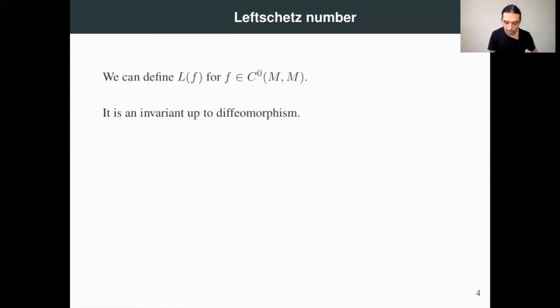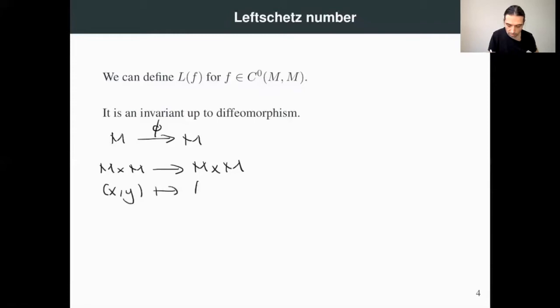If you have a diffeomorphism phi from M to M, for instance, this is going to induce a diffeomorphism from M times itself to the same space that sends (x, y) to (phi of x, phi of y).